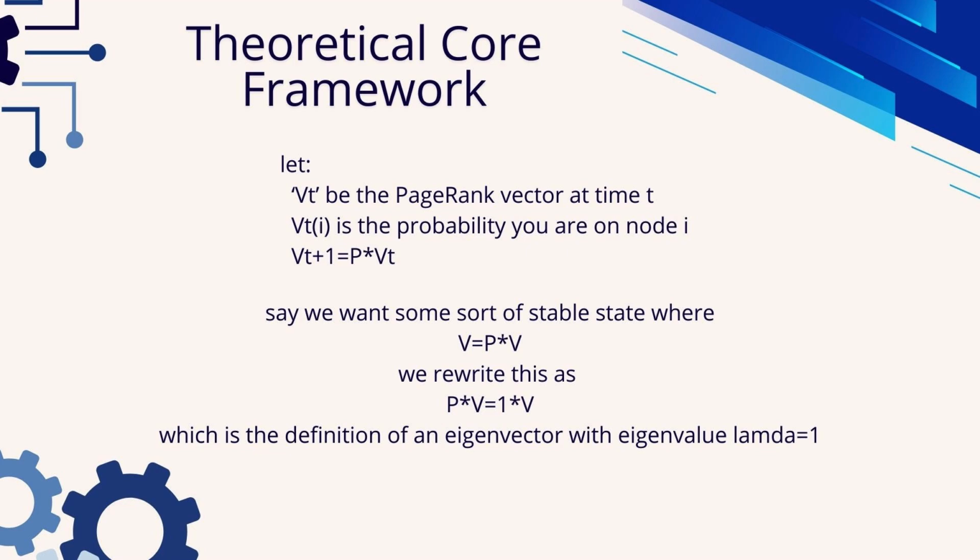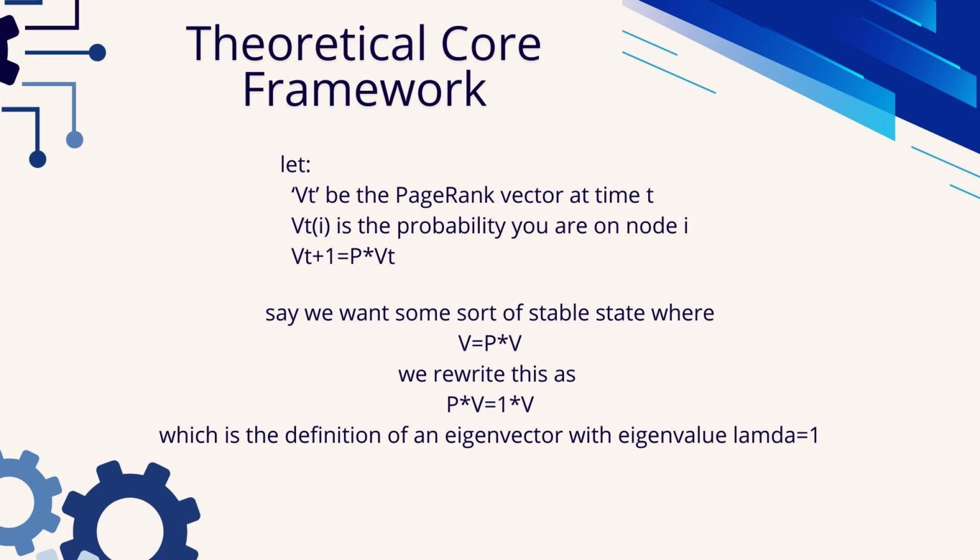Now, let V_t be the PageRank vector at time t. So V_t(i) is the probability you are on node i at time t. So we define V_(t+1) as the probability matrix P times V_t.